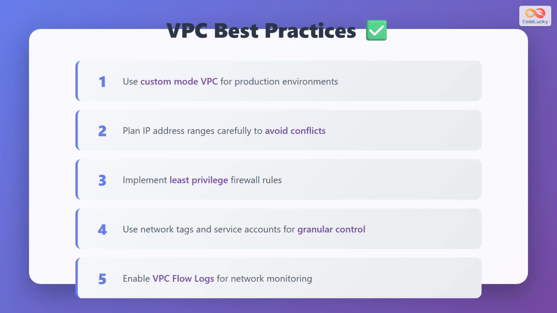Fourth, use network tags and service accounts for granular control over firewall rules, making your security policies more flexible and maintainable. Finally, enable VPC flow logs for network monitoring, which helps you analyze traffic patterns, troubleshoot connectivity issues, and detect potential security threats. Following these practices will help you build secure, scalable, and well-organized network architectures in Google Cloud Platform.